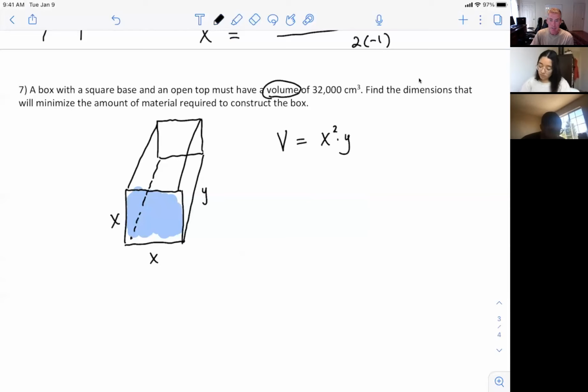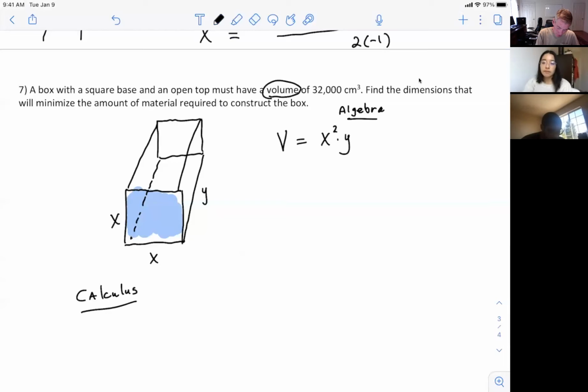And when doing problems like this, there's basically going to be one area where we do algebra, and then one area where we do calculus. And right now I'm doing the algebra part. So the volume is 32,000.